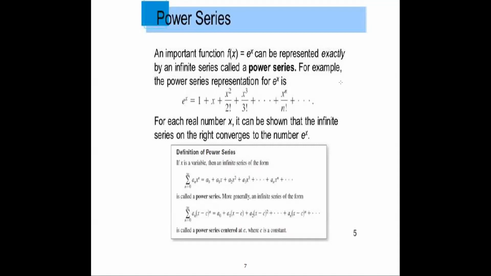So for each real number x, this infinite series on the right hand converges to e to the power x.